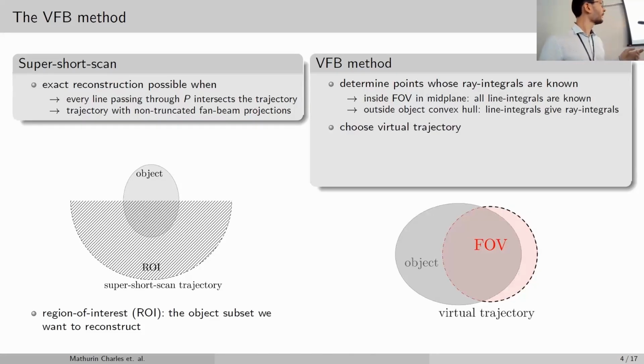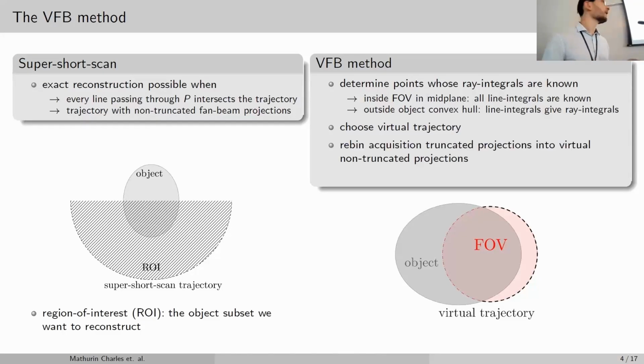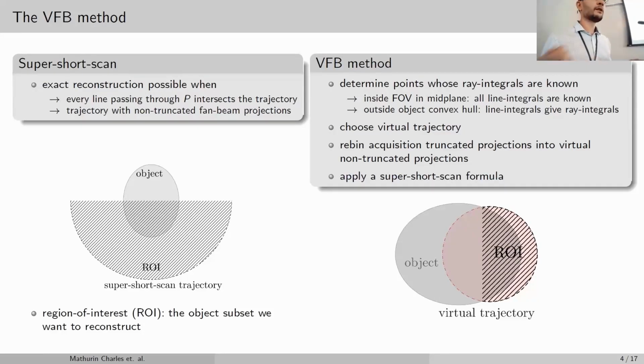With this, we can choose a virtual trajectory. For instance, here we take the arc of circle at the border of the field of view and outside the object. Then we can rebin our truncated acquisition data into a non-truncated projection for this virtual setting. And finally, we can apply a super short scan reconstruction formula on this virtual trajectory. So this is the principle.